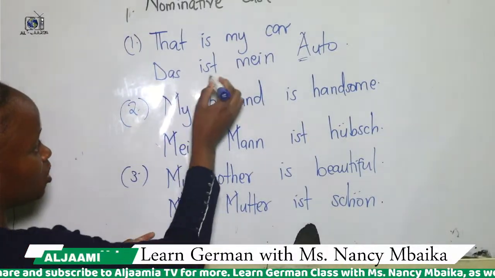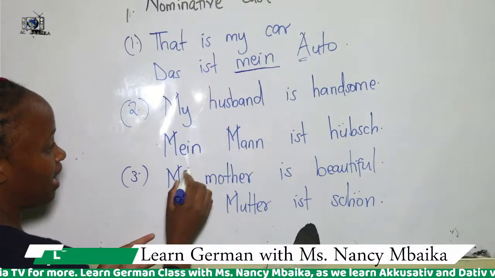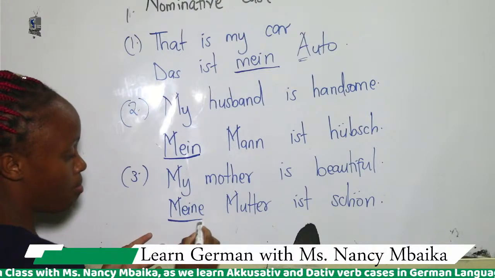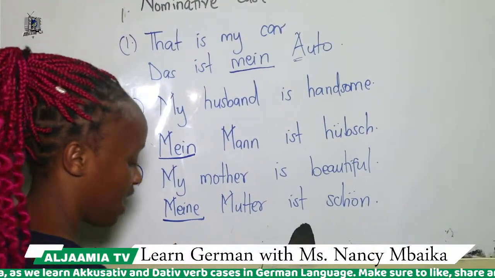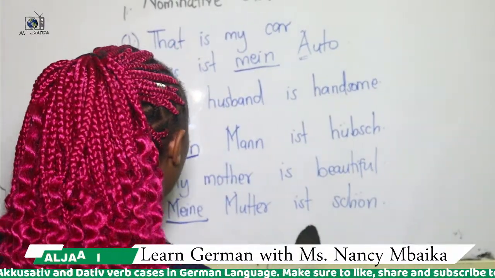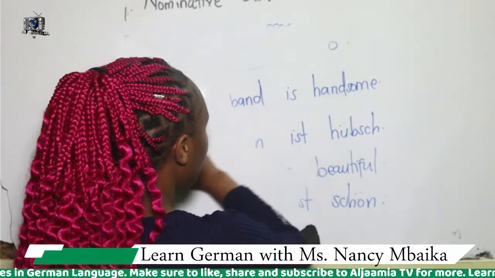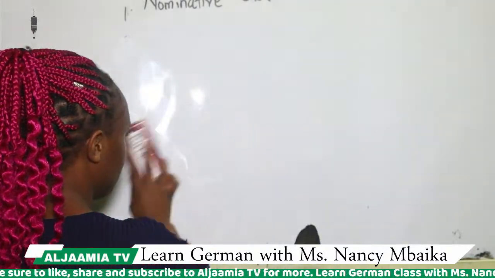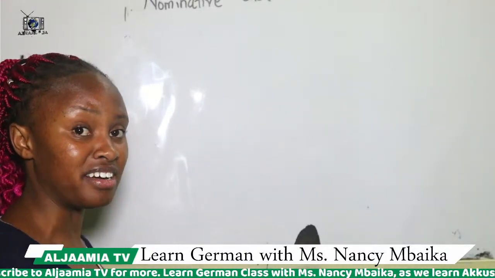So I want you to pay attention to the articles. Here we have mein. Here we have also mein. And the last one we have meine because it is the feminine case. Okay. So let me write a sentence in the plural form. I'm going to say, my children are sick.